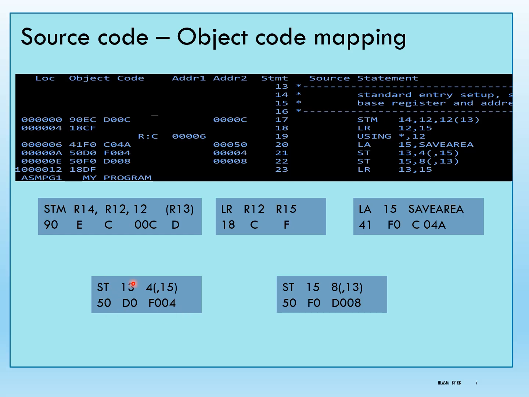So ST is 50, 13 is D and a 0 because there is no second register, and 15 you put here F, and 0004. Same thing here, ST again 50, 15 is F and no second register, so it is again F0. Then 13 you brought here D, and we did 008.